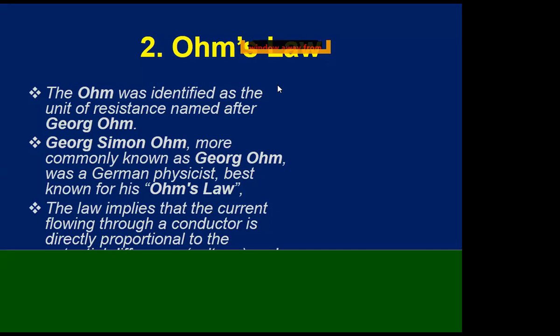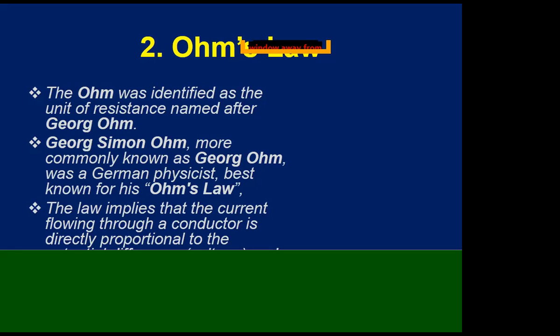So the first law that we talk about now will be Ohm's law. The Ohm was identified as the unit of resistance named after George Ohm. We talked about that, right? So this Ohm guy was a physicist, and then we now know of Ohm's law, right?